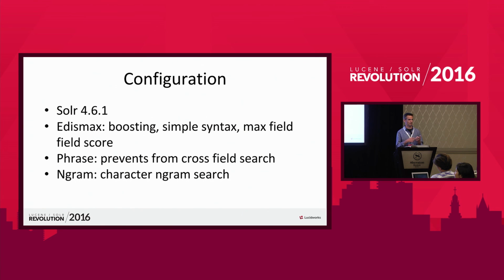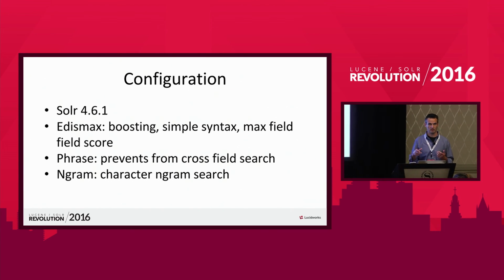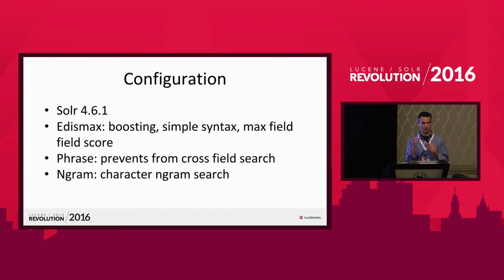That means if you have a document with multiple titles, let's say a title in English, and then some alias title, and then an AKA, we want to make sure that if there's ambiguity, if two titles match, the max score will be returned. So that's where the EDismax is useful.